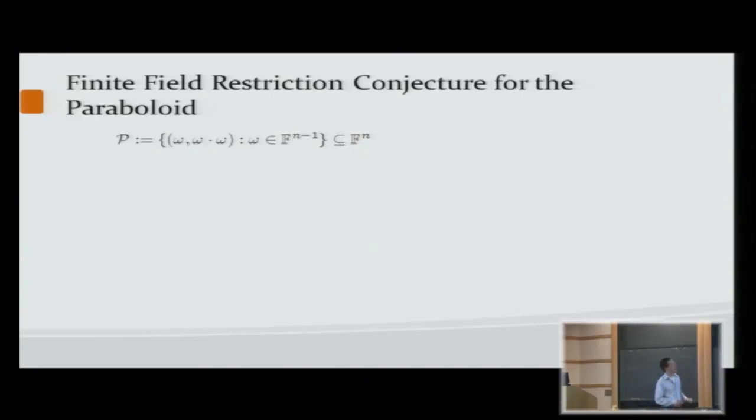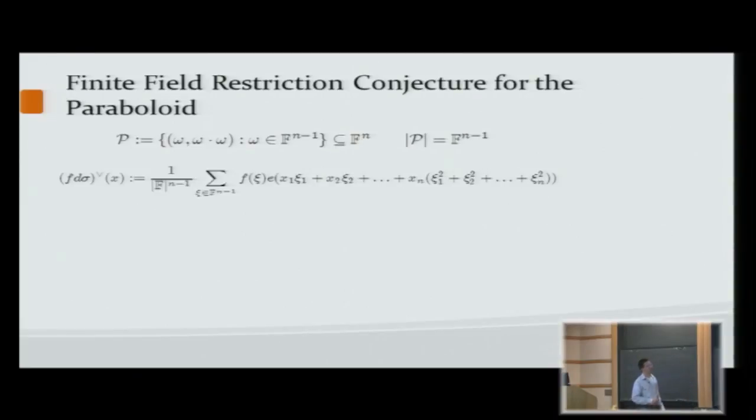Here I'm going to define the paraboloid, which is defined to be a set where the first n minus 1 coordinates range over everything, and then the last coordinate is the dot product of the first vector with itself. So the size of this is just F^(n-1), because I can choose anything for the first n minus 1 coordinates, and the last coordinate is determined.